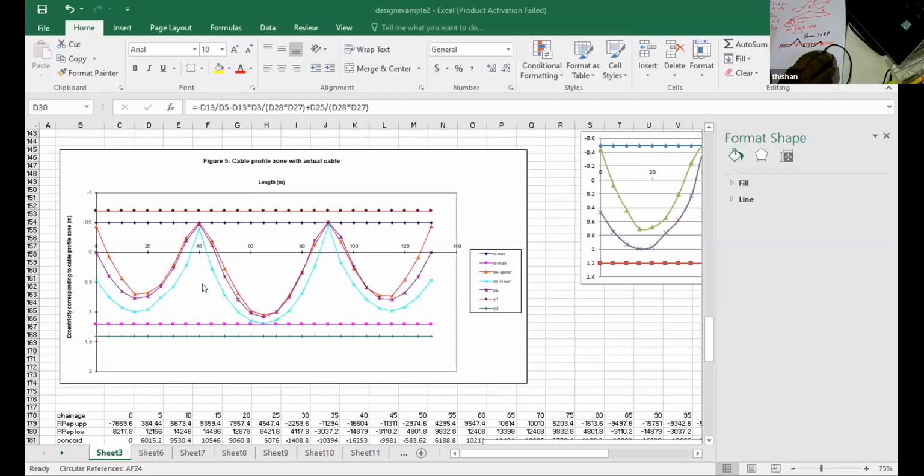So that's what we have to do. Now let's see how we have done it on the spreadsheet.